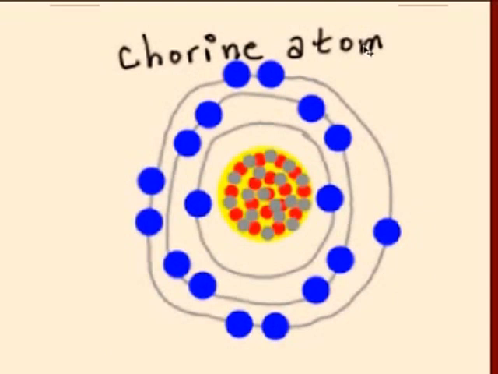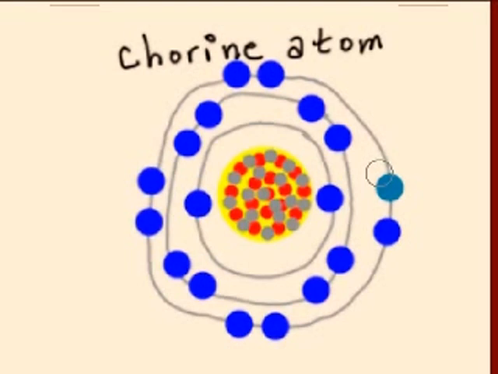It could either lose the 7 electrons, and then its outer energy level would be filled, or it could simply gain 1, and it's simpler to gain 1. So this is what it does. And so here the chlorine atom simply gains an additional electron.